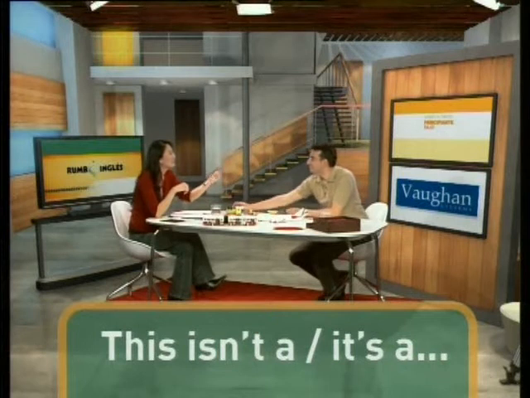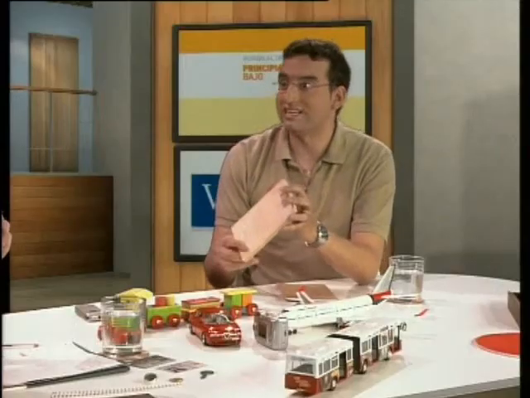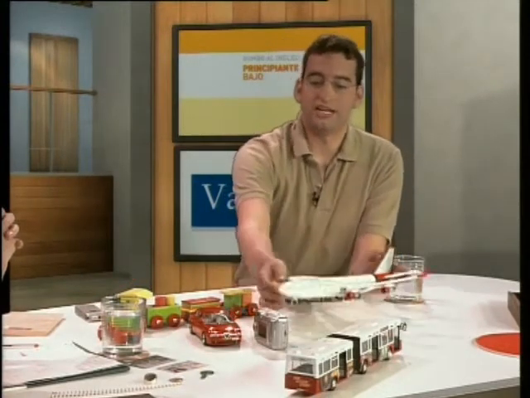So repeat that one again. This isn't a plane. It's a phone. Good. This isn't a phone. It's a book. This isn't a car. It's a watch. This isn't a camera. It's a plane. Very good. All right, so much, much better. Muchísimo mejor.